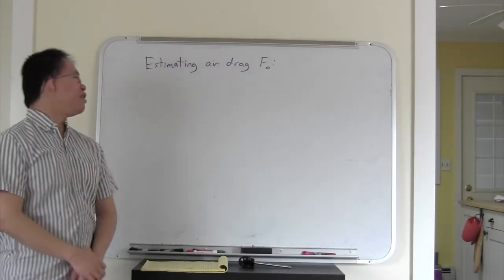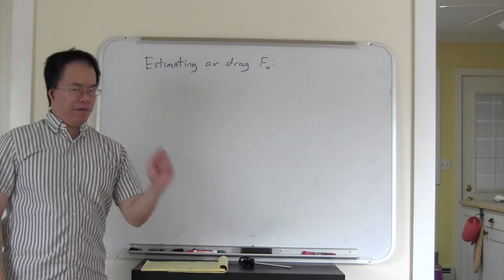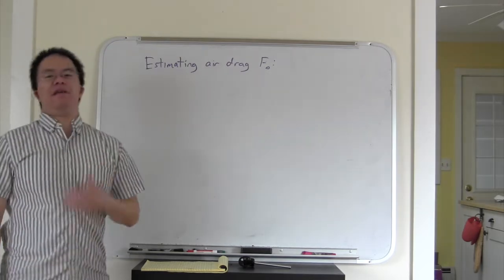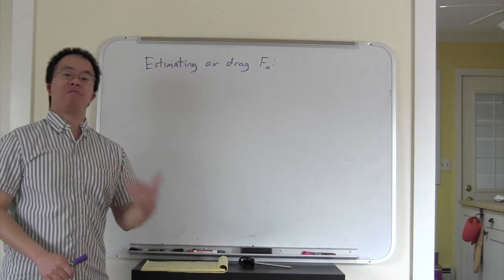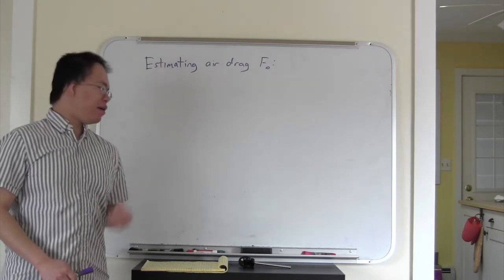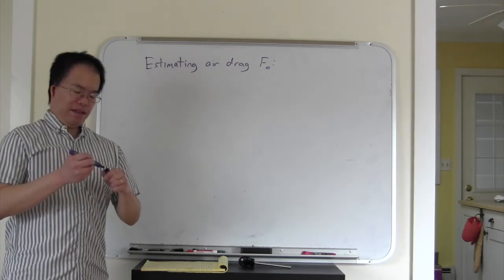I now want to say something about estimating the air drag force, F_d. The manual has some suggestions for how you might do that, and I'll talk a little more about what that suggestion is.